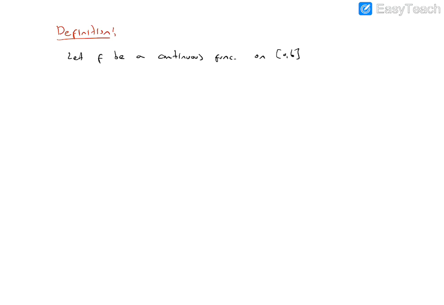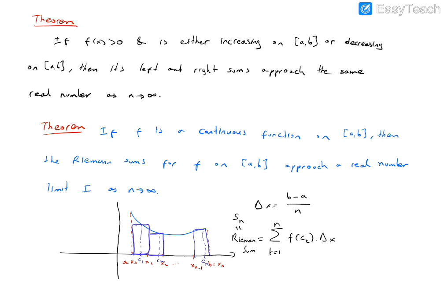For a continuous function, the Riemann sum for f approaches a real number, the limit I. This limit I of the Riemann sum for f on the closed interval AB is guaranteed to exist by the theorem. This is called the definite integral of f from A to B.